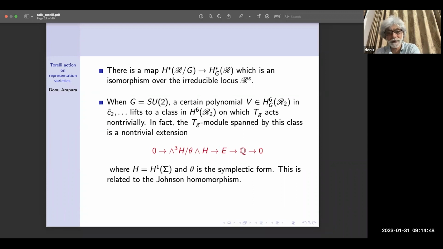And Dick is, I think, in the audience, so you can ask him about this. This is related to stuff he knows well. But it's a non-split extension. That's the key point, and that's where the non-triviality comes from.